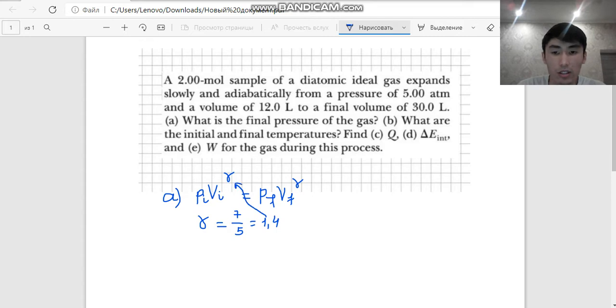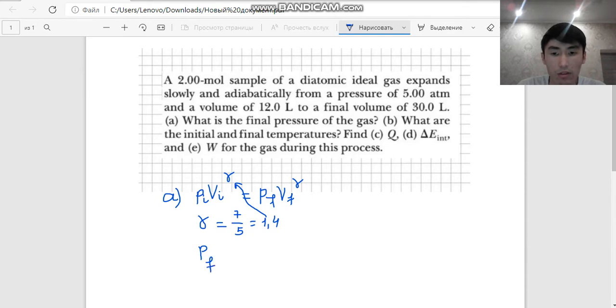P initial is 5 atmospheres. All these values, V initial, V final, are given, so we can find the final pressure easily.